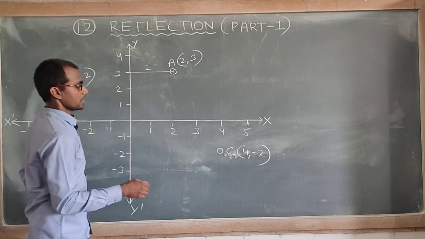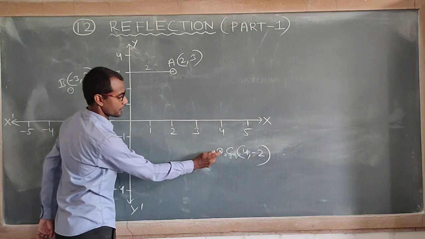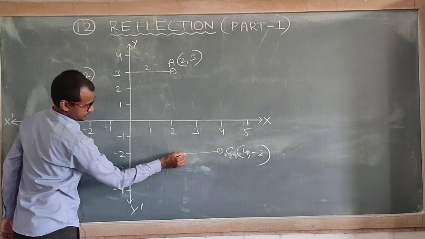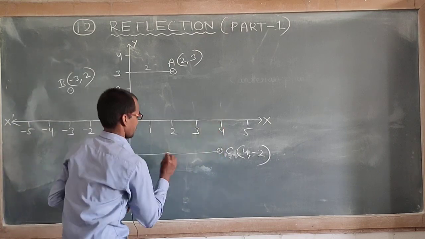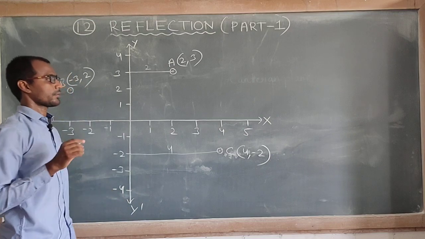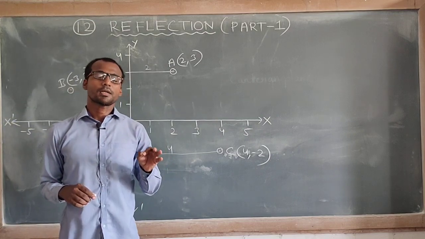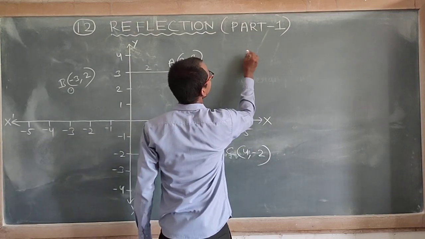What is the x coordinate of C? 4. What is the distance of point C from the y axis? This distance is 4. So from this we can understand that the x coordinate of the point is the distance of the point from the y axis. So remember this.